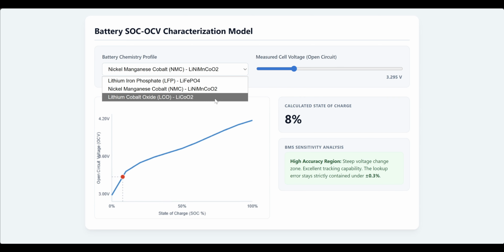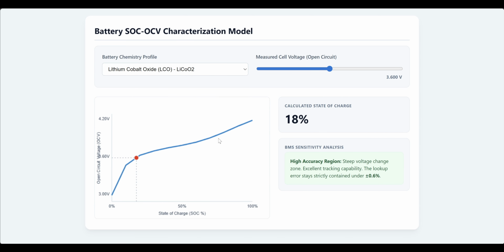If you choose the last chemistry that we have, in this case you will find some sensitive area. This is moderately stable, and if you measure the voltage you will get less error. But if you go further, then again you will have high accuracy in this region.